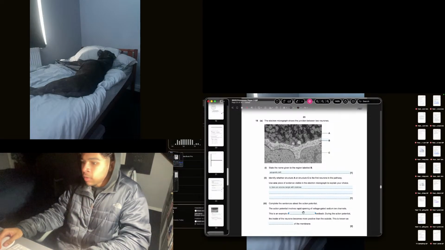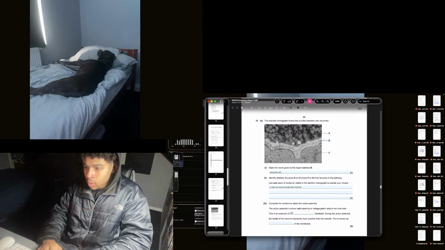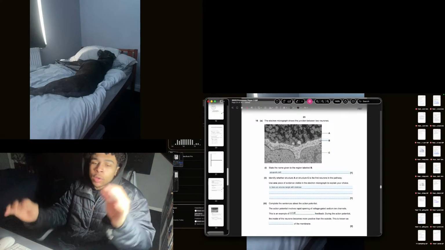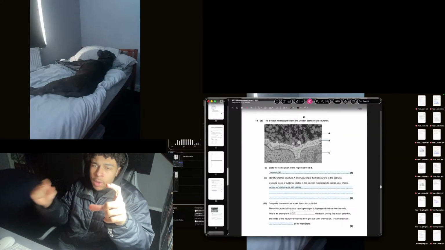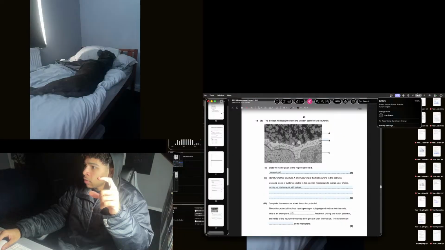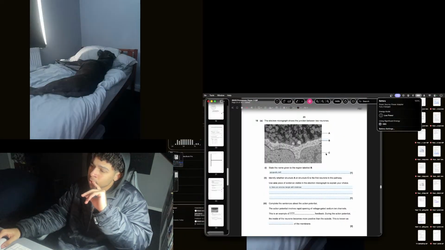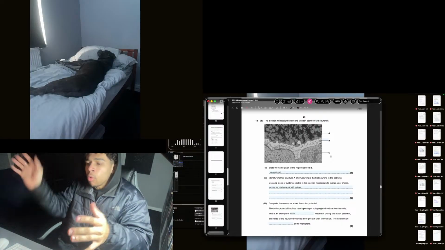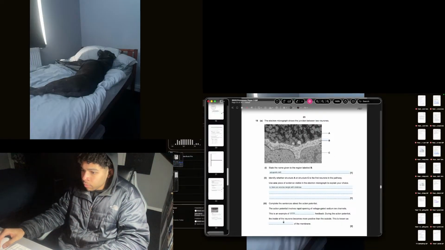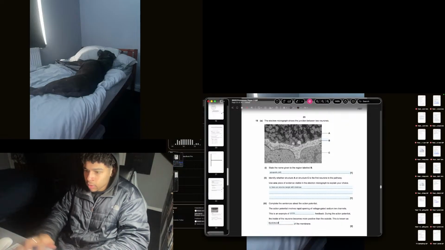Ion channels. This is an example of positive feedback because when it opens, negative 55 millivolts is the threshold value. Once that happens, more and more come in. Depolarization.